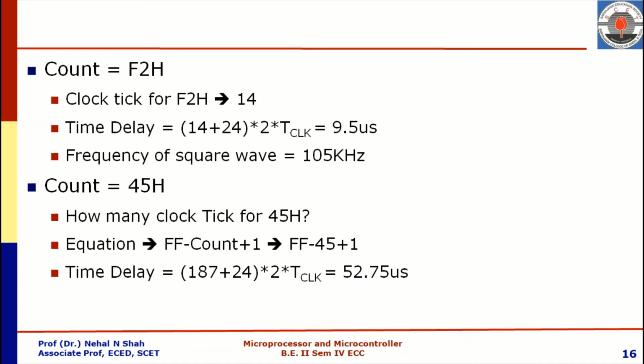So if count is 45 hex, time delay will be 52.75 microseconds and frequency of square wave will be 18.95 kilohertz. You can also observe that by loading 45 compared to F2, frequency of oscillation is reduced because in the second case, time period is more. So by using this logic, we can load various counts and generate various frequencies of oscillation.